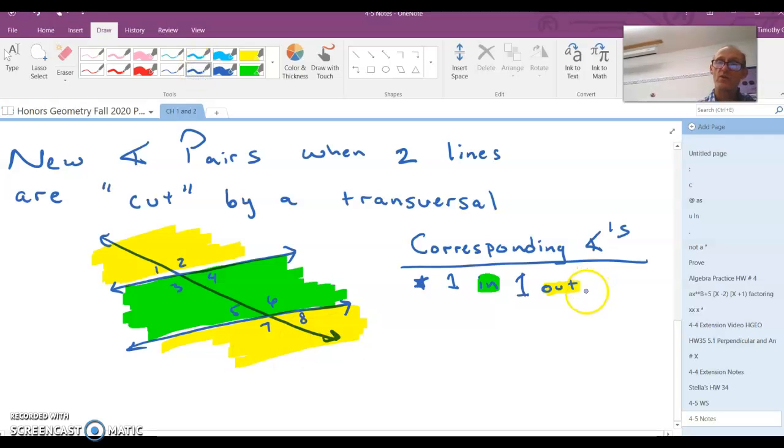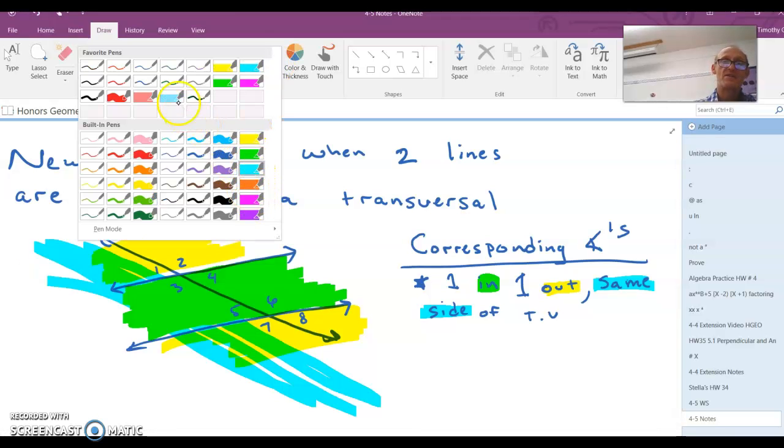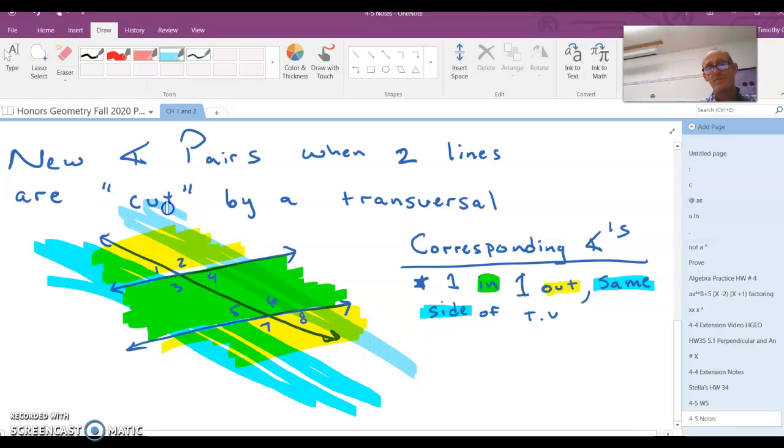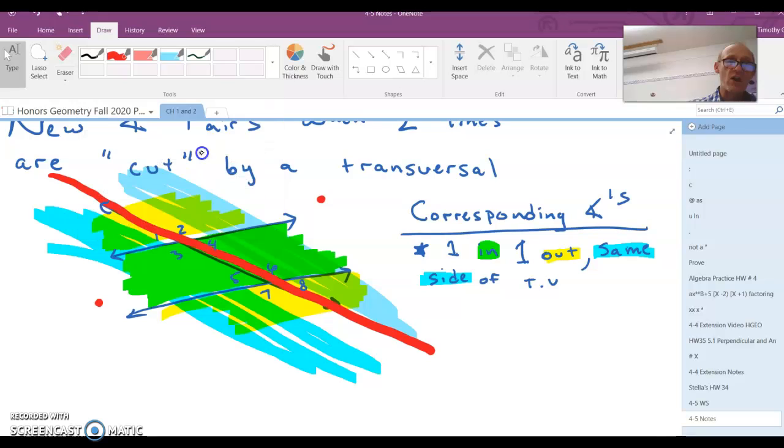One in, one out, same side of the transversal. By the same side, I mean on this side and this side. The transversal in the middle here has two sides to it. So corresponding angles are those angles that are one in, one out on the same side of the transversal.